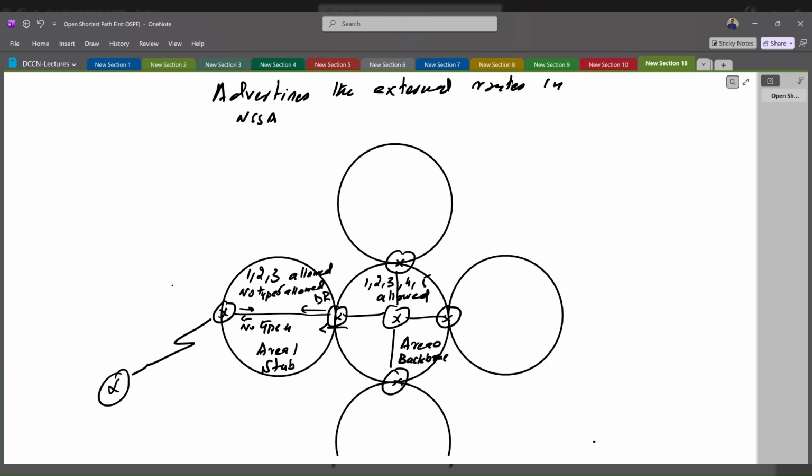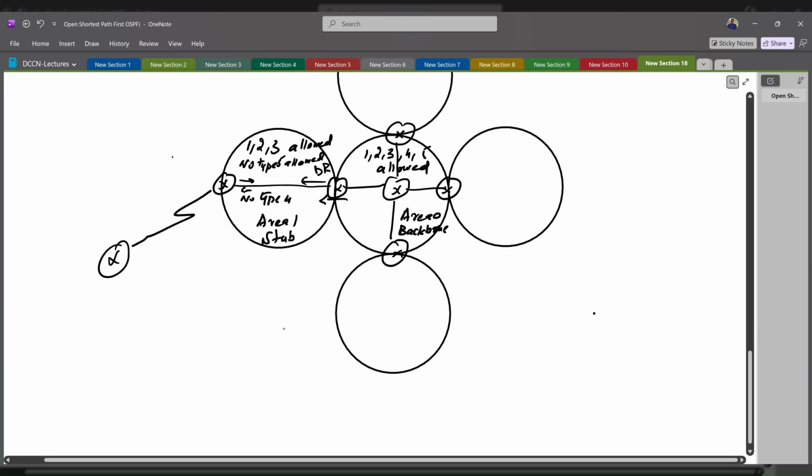So, what can be the use case which defines this stub area? A network with limited resources where full external routes are unnecessary will be treated as stub area, right? Note it down. Let me write it.